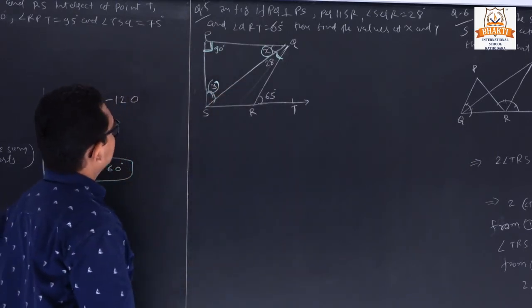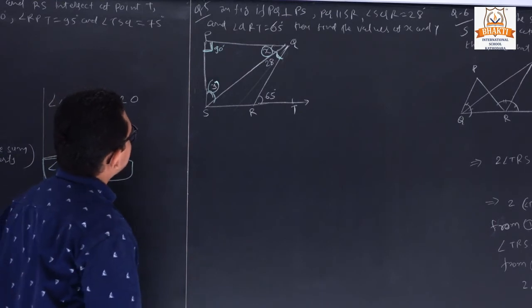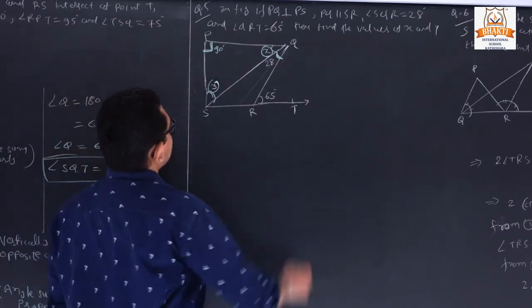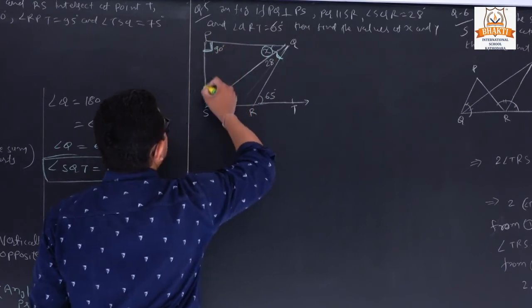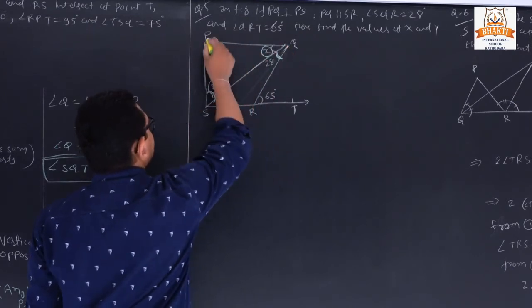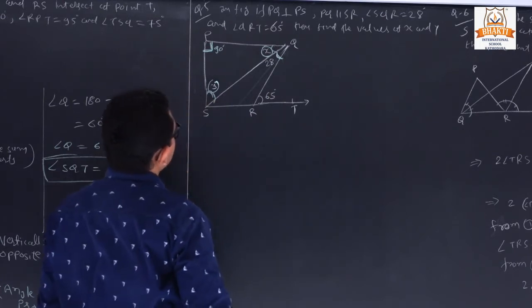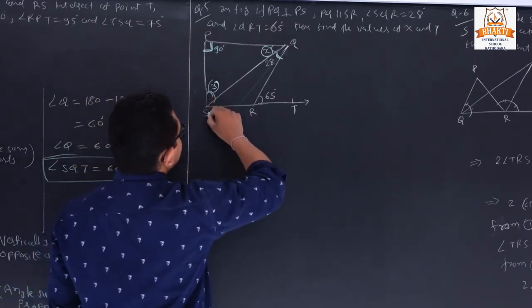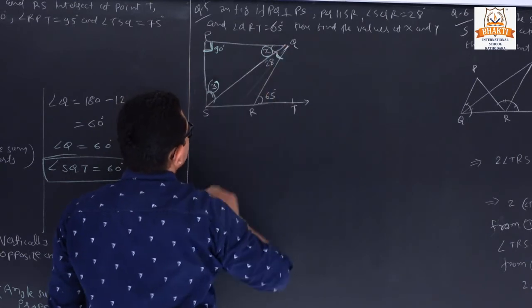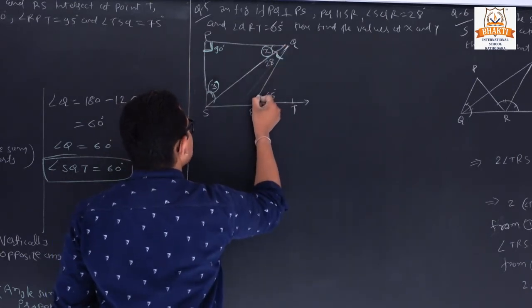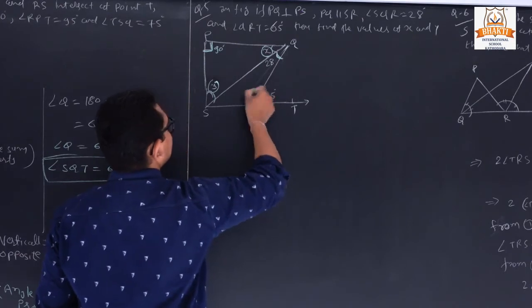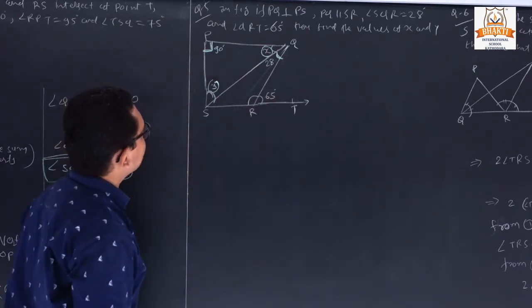So first of all, here we have one small triangle PSQ, and here see that SQR. So it is 65. So it is also a linear pair. Clear? It is a linear pair.